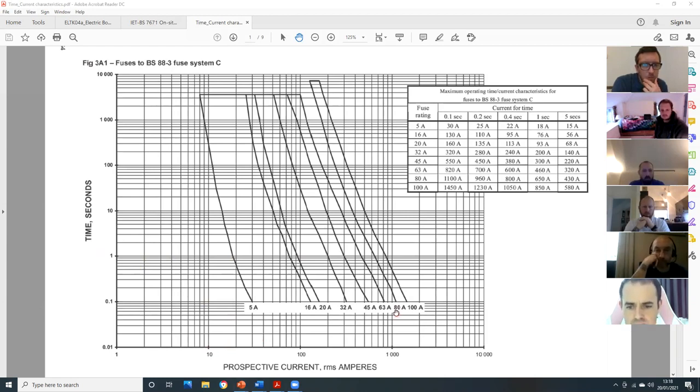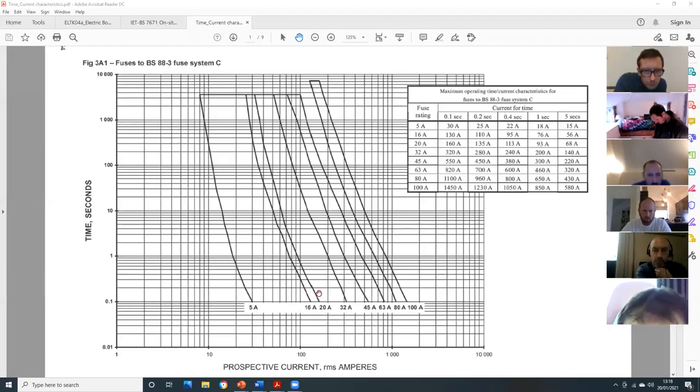So what I want you to have a look at is the 16 amp one, so this second curve. Can you see if you can work out, for a fault current of 100 amps, how quickly that device would operate?